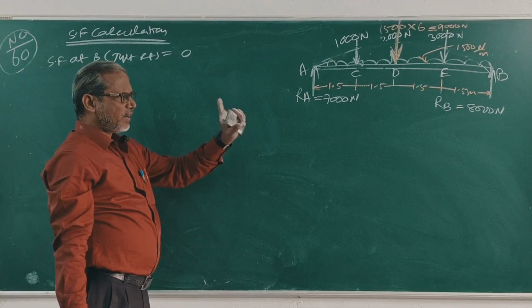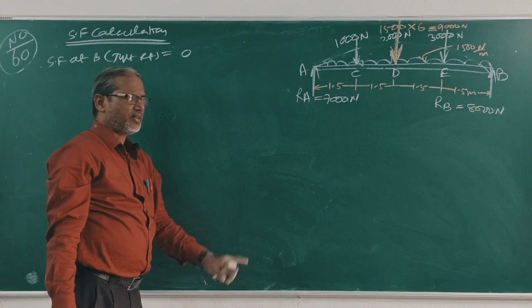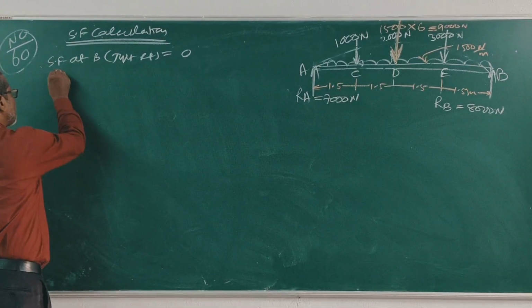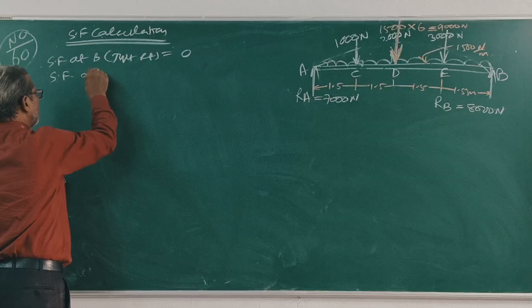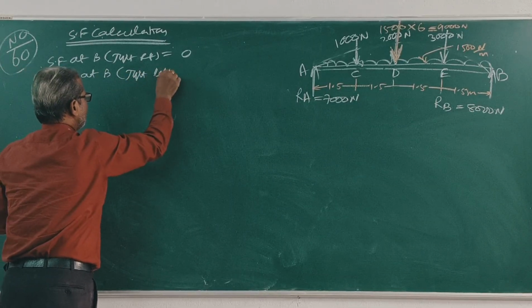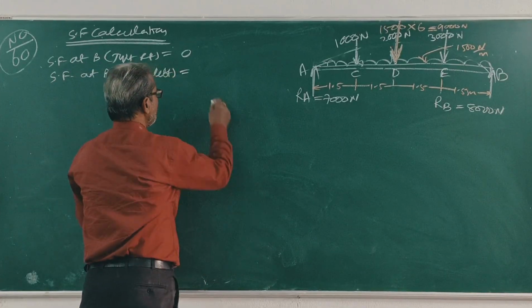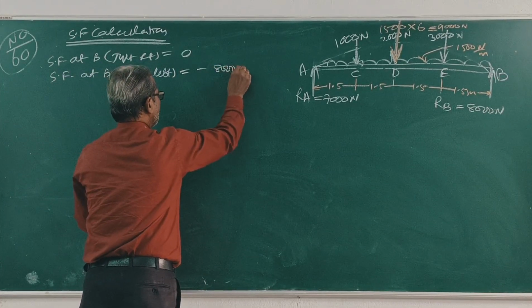At B the reaction is 8,000 Newton. That is calculated for the left of B. Shear force at B just left is minus 8,000 Newton.